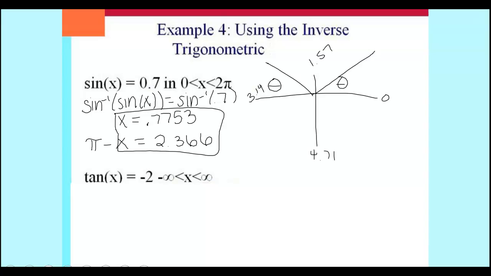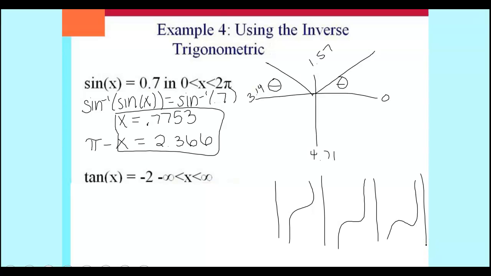Now, tangent has an infinite domain. So now we need to account for the fact that this is going to occur over and over and over, because tangent occurs over and over and over. So the tangent of x equals -2 means we want to take the inverse tan of -2 and find the first time this happens.